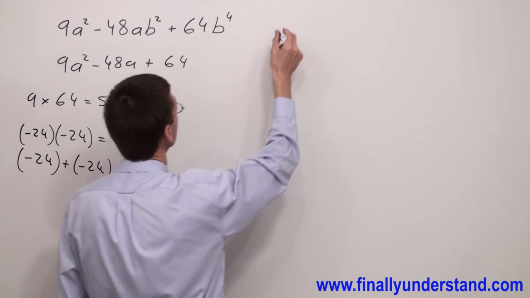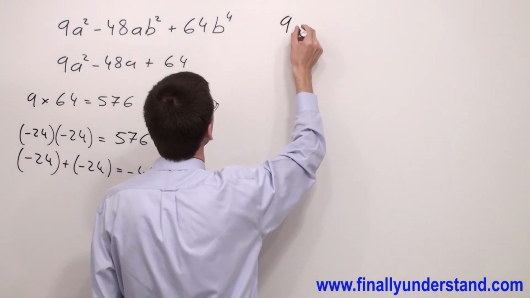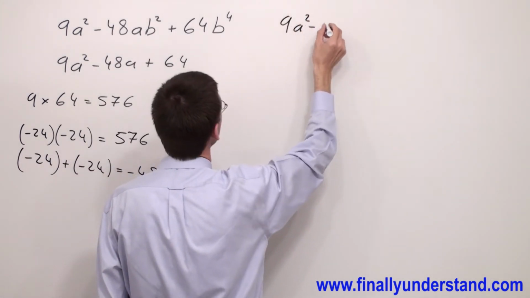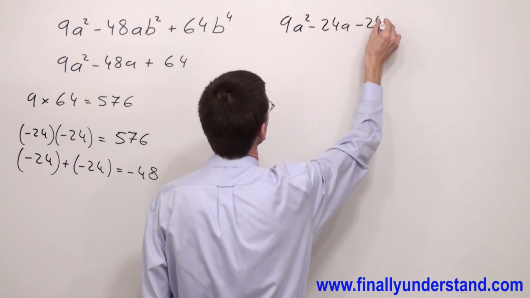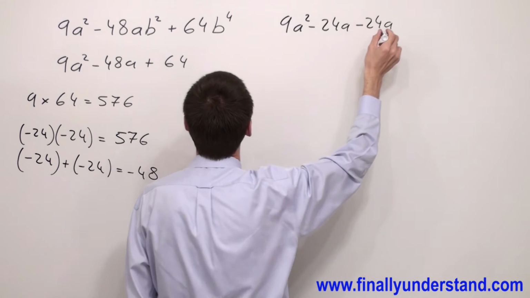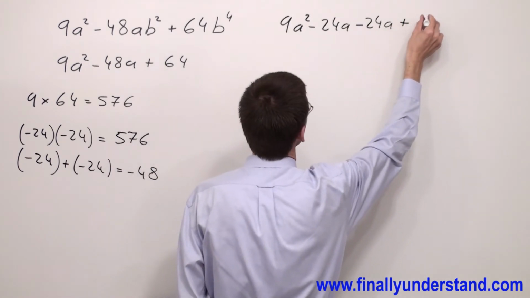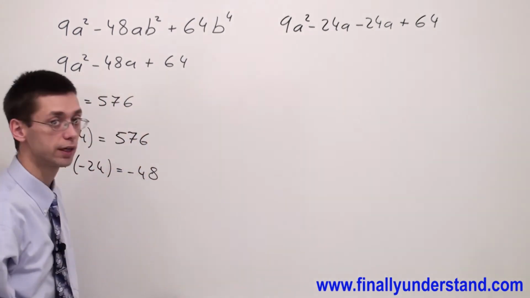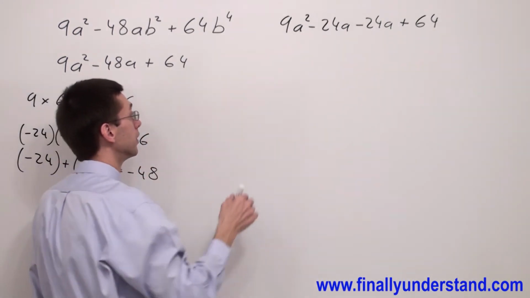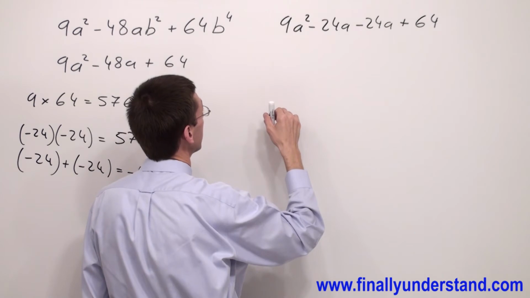So I'm going to have 9a squared minus 24a minus 24a plus 64.